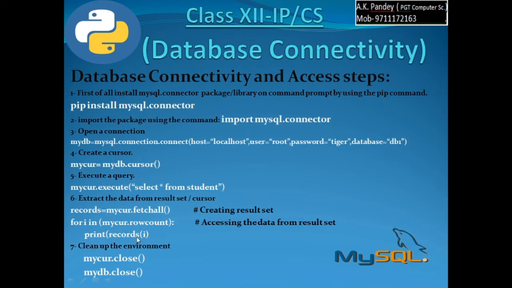Now after this you will have all records from the cursor, and thereafter clean up the environment: mycur.close and mydb.close. Once the work is done, you have to clean up the environment so that any definition or any content lying in these two objects will be finished, cleared, deleted.